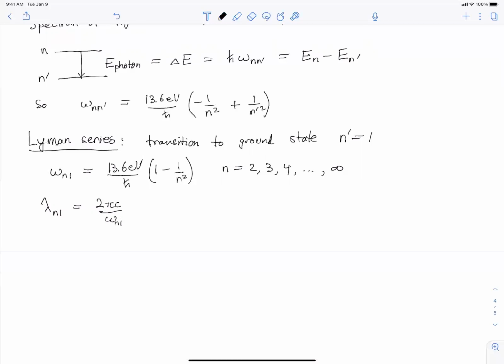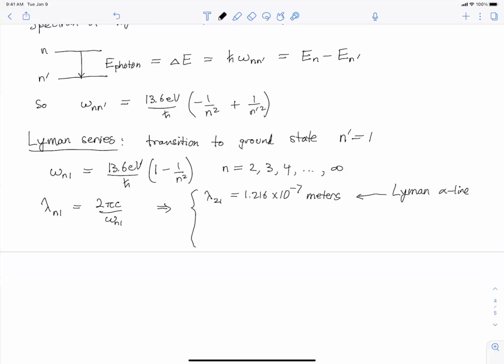And so when you plug in the numbers, you get, for example, for n equals 2, 1.216 times 10 to the minus 7 meters. And that's known as the Lyman alpha line.